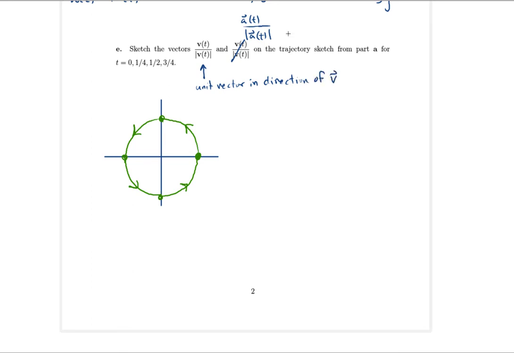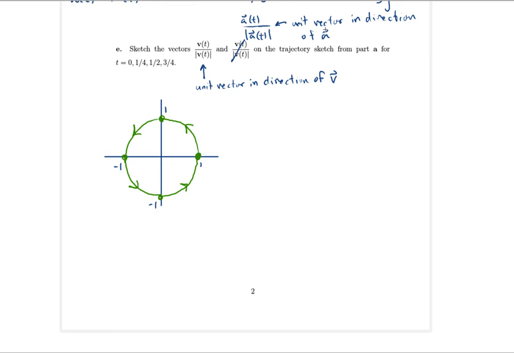And my only purpose in having us do this is to make sure that we can fit these sketches onto our picture, because these are happening at 1, 1, -1, -1. So this is the unit vector in the direction of a.